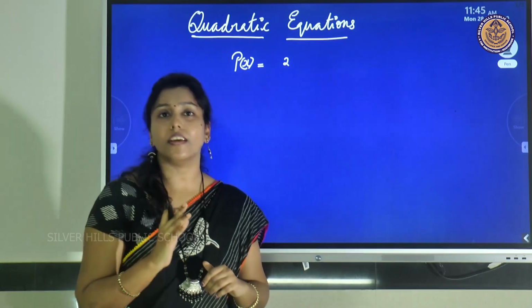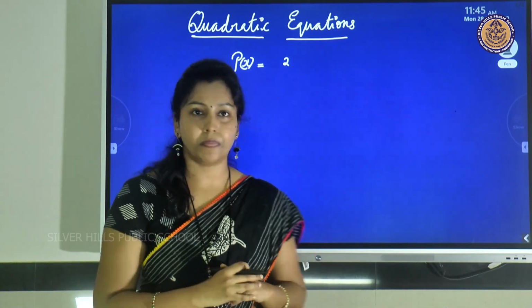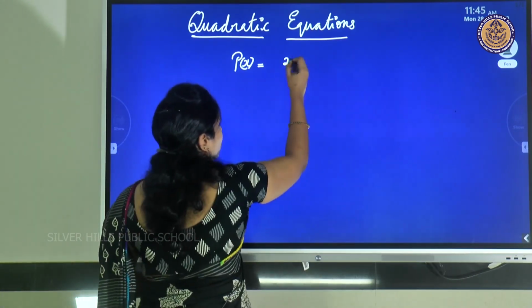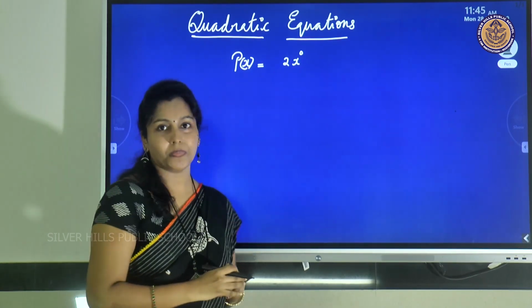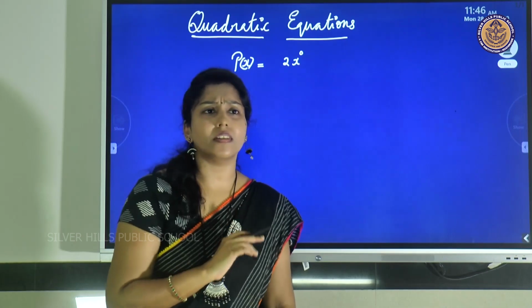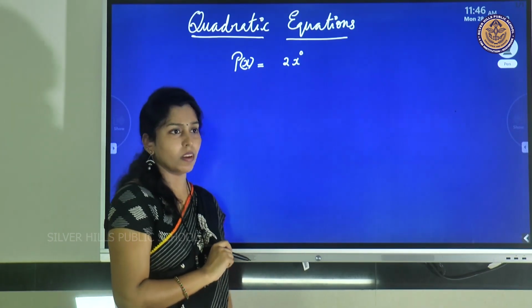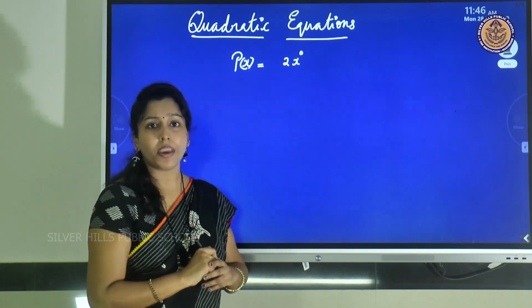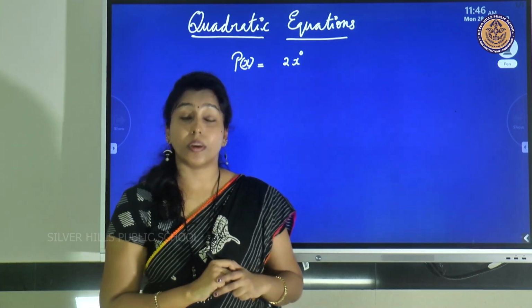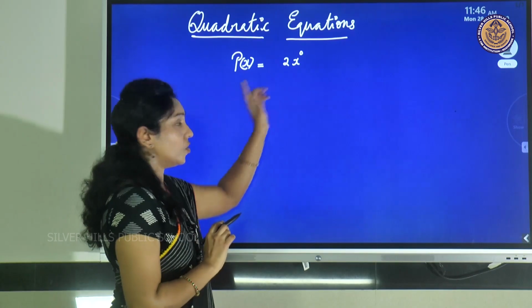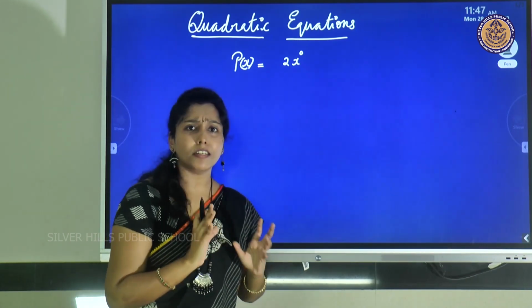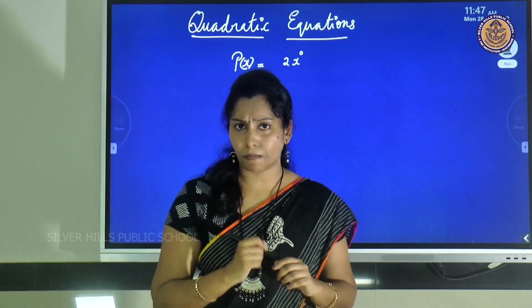And what is the degree of this constant polynomial? You can always write 2 as 2 into x raised to 0. Isn't it? Now, what is the degree of this polynomial? We can see the power of the variable x is 0. So, we can conclude degree of a constant polynomial is 0. So, what is the standard form of representing a constant polynomial?